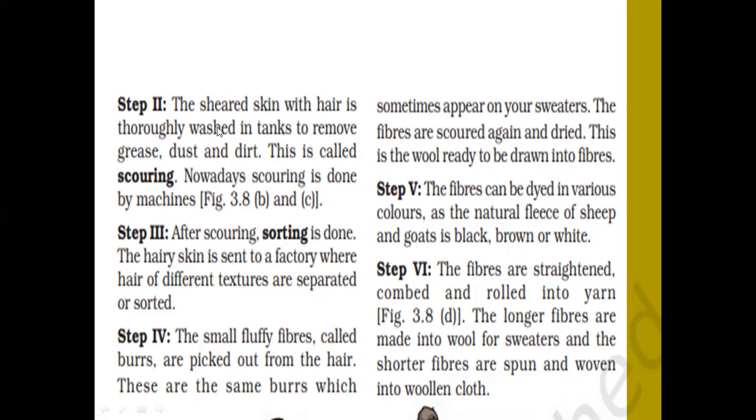Even on our head there will be dirt, and because of that we need to wash our head daily. In the same way, in the case of the sheep, goat, camel, or whichever animal we take the hair from to use as wool, we need to wash it thoroughly.